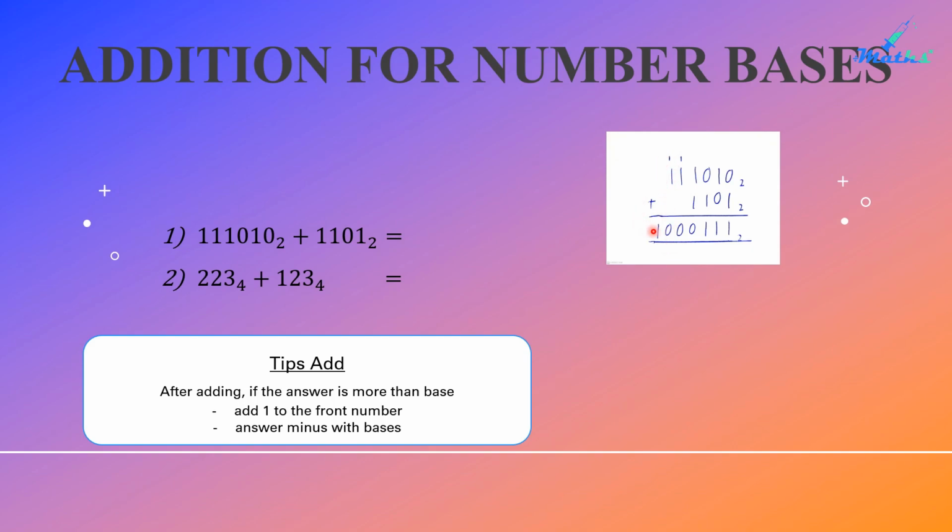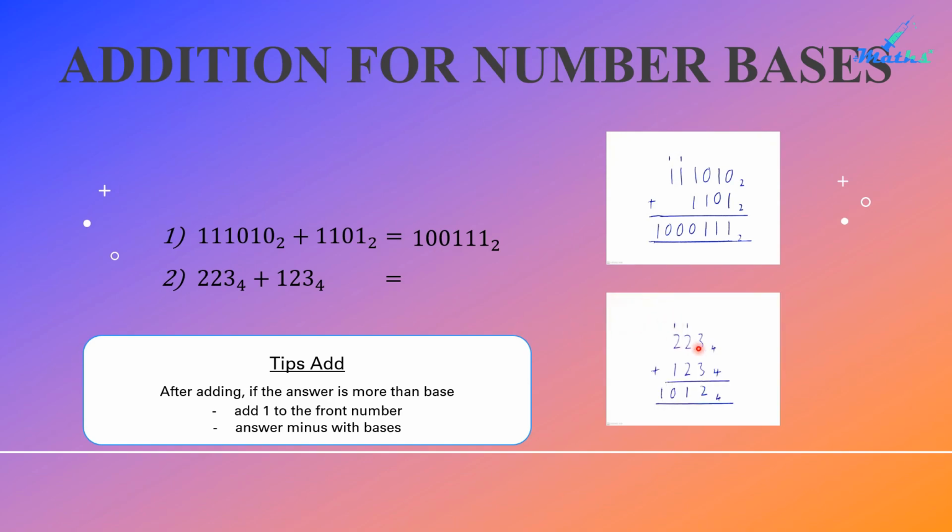I will add 1 to the front number, I write 1 here, and I will minus the base number, which is 2. And 2 minus 2 is 0. So I will get 0 again. So this is the first question. The answer is 100111 base 2.